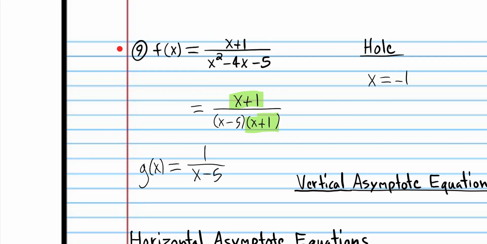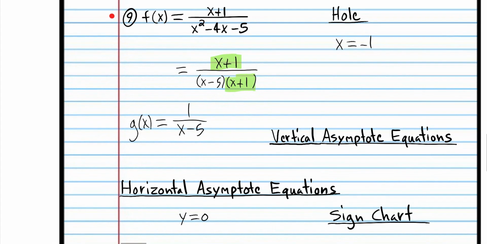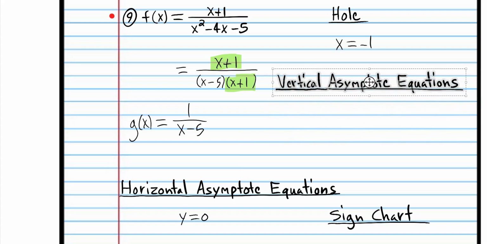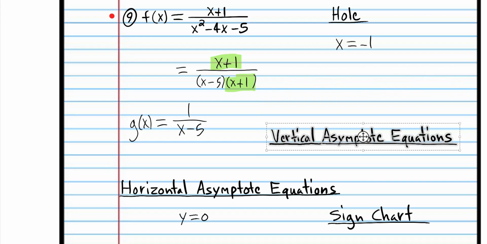That's undefined. Now if you plug in 5, the function is also undefined, but when the factor doesn't cancel out, you have a vertical asymptote. I guess I'll just write it down here. We have a vertical asymptote at x is equal to 5.